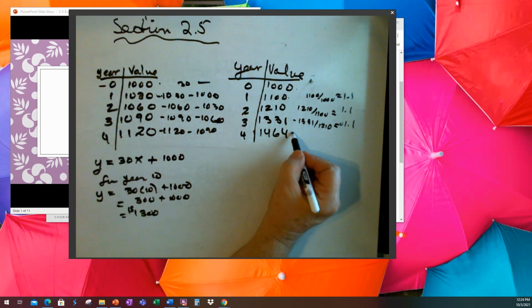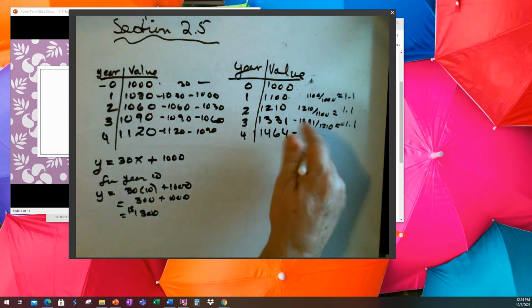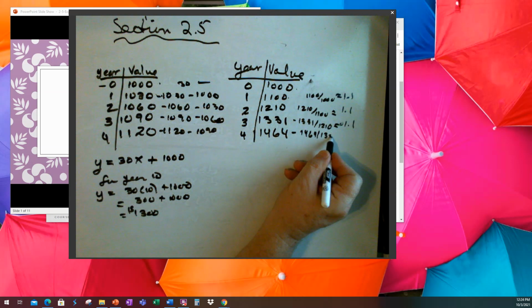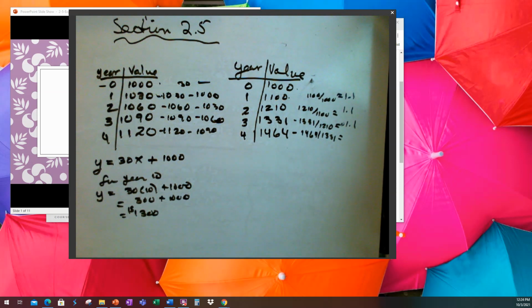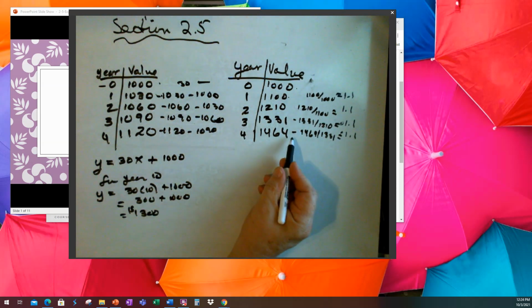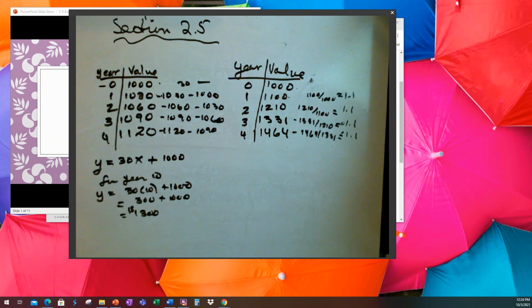So it looks like we've got a constant division. One more: 1464 divided by 1331 gives 1.0999, but that's approximately 1.1, just rounded off.